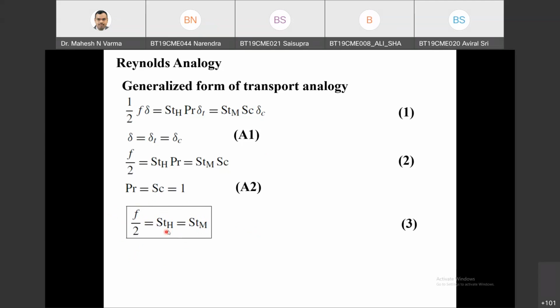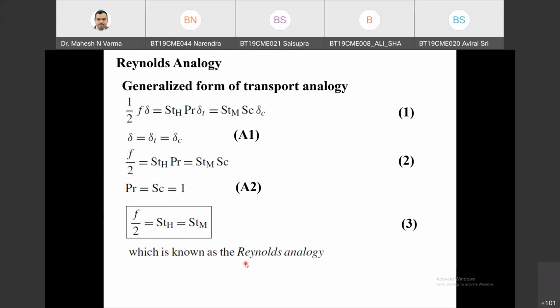If the friction factor is given, I can estimate the heat transfer coefficient, and by estimating it, I can do the calculation in heat transfer. Similarly, if the friction factor is given, I can get the mass transfer coefficient and do the calculation in mass transfer. Similarly, if the mass transfer coefficient is given, I can do the calculation in momentum transfer. But this is true only for gases.